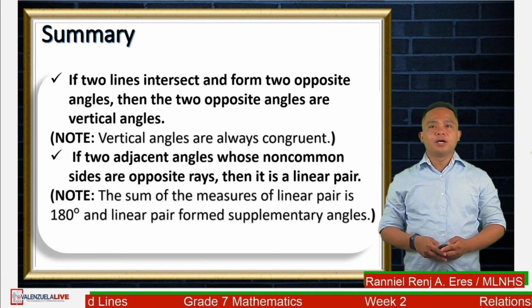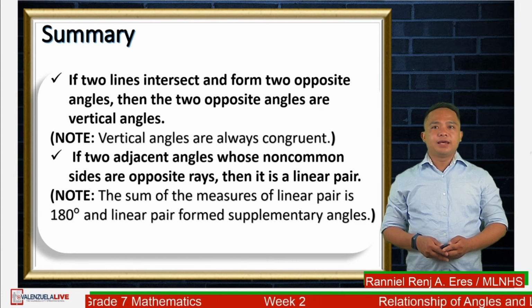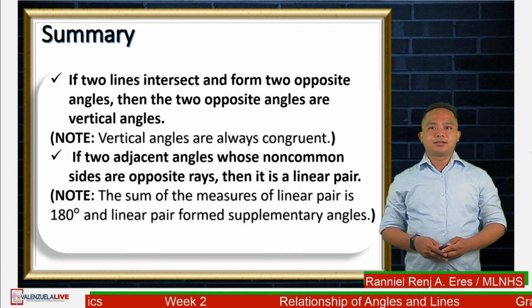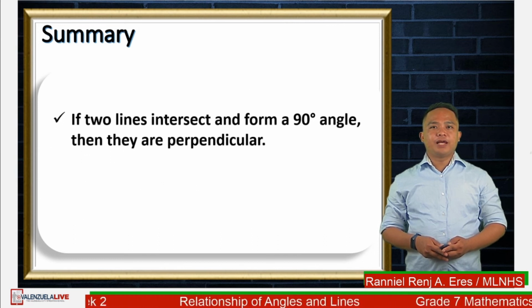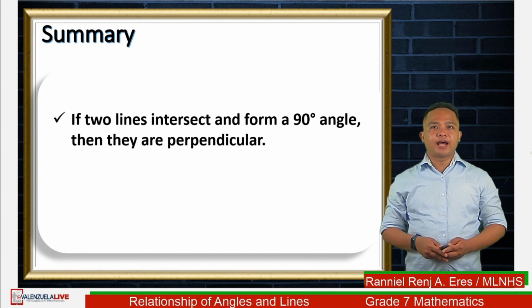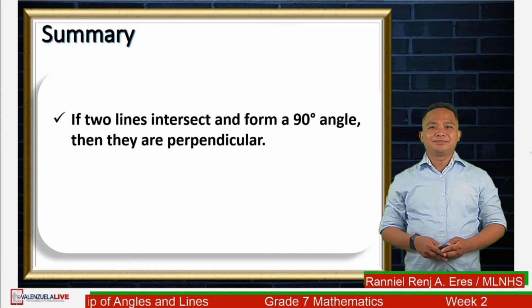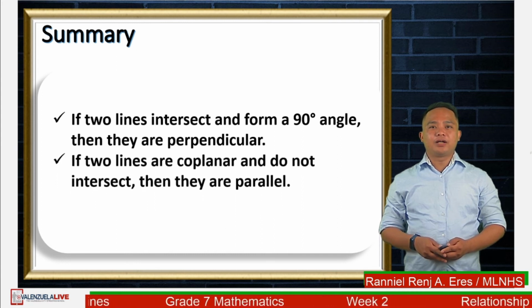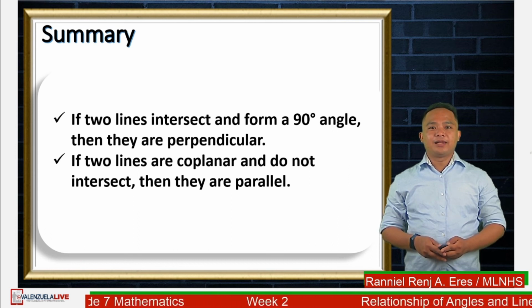And take note that the measure of a linear pair is equal to 180 degrees, and it also forms a supplementary angle. If two lines intersect and form a 90-degree angle, then they are perpendicular. And lastly, if two lines are coplanar and do not intersect, then they are said to be parallel.